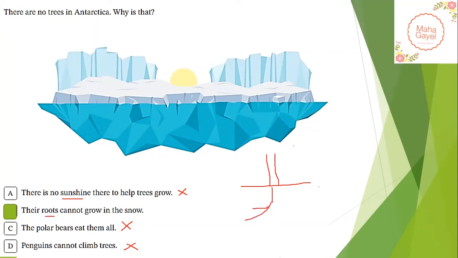Penetrates means تخترق التربة, and it extends inside the land, inside the soil. So can the trees' roots penetrate the ice? Of course not. This is the trunk, and these are the roots.